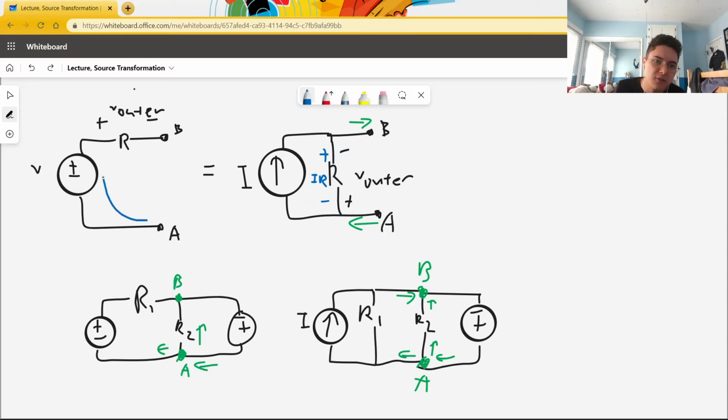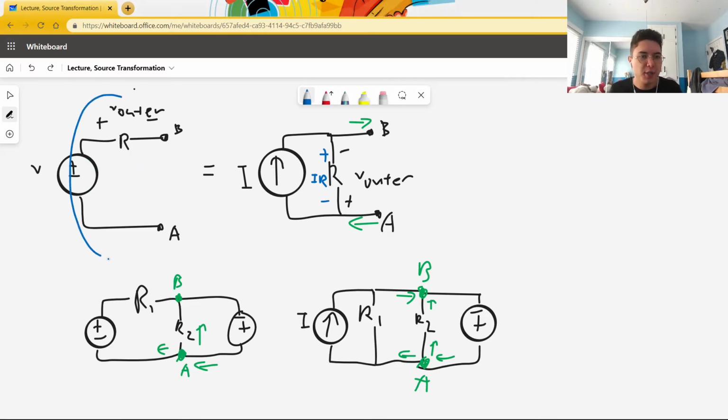Just like in this version of the circuit, where we get a voltage rise and a voltage drop from A to B. In this circuit, the voltage rise and voltage drop happen at the same place, across this resistor. In this circuit, the voltage rise happens at the battery, and the voltage drop happens at the resistor.